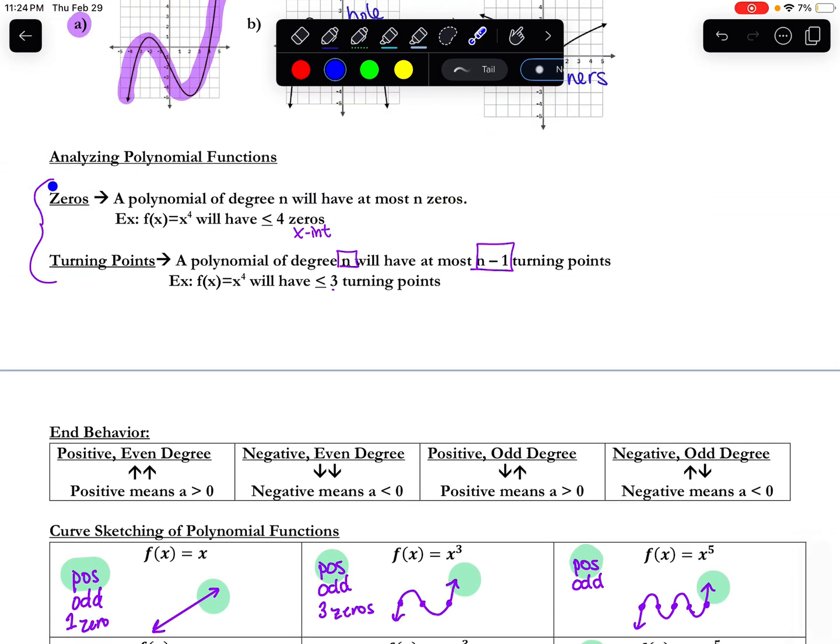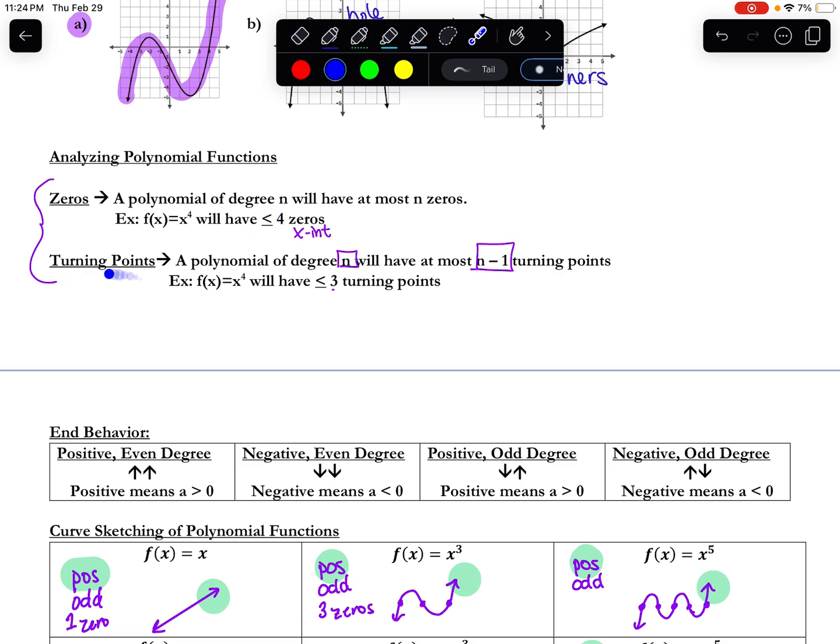So the number of zeros we're going to have will be at most the same as the highest degree of the polynomial. We talked about this yesterday. So for example, x to the fourth will have less than or equal to 4 zeros. So if you have a polynomial with the highest degree of 4, you're going to have 4 zeros or fewer.